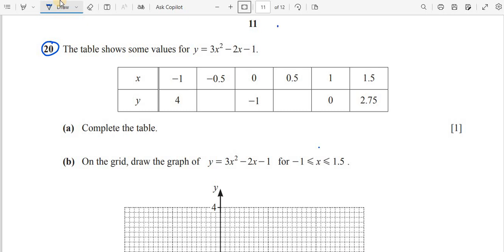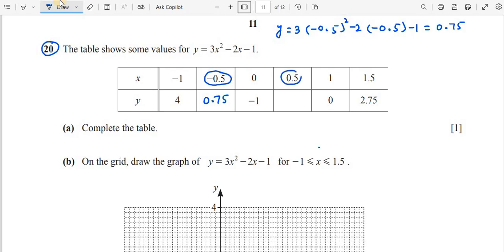First of all, y is equal to 3 times minus 0.5 squared minus 2 times minus 0.5 minus 1. Calculate these values, we get 0.75. So here the value is 0.75.